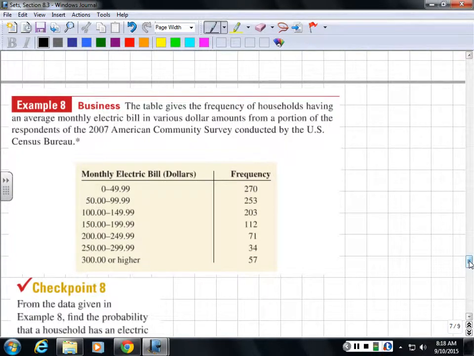And it gives me 7 categories. We have 0 to 49.99, 50 to 99.99, and so on. These are the frequencies with which those occur. And if we add all this together, we'll know how many people responded to this thing.